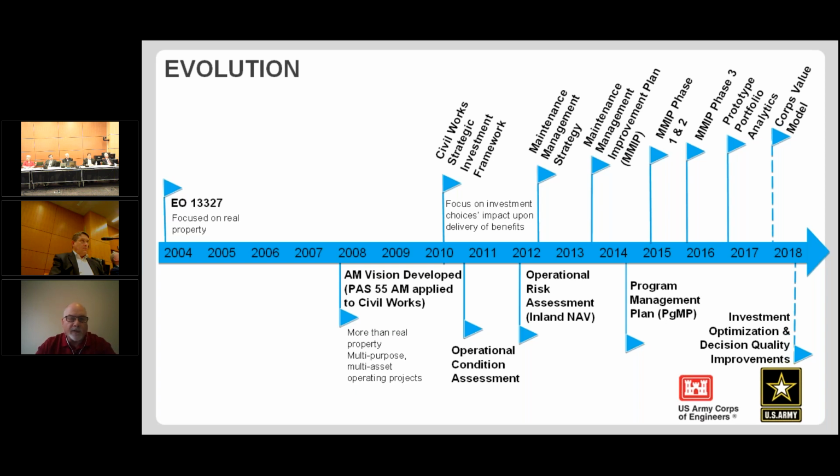This chart was sparked by Executive Order 13327, the Federal Real Property and Asset Management Executive Order of February 2004, which recognized asset management principles, and with PAS 55, AM was applied to Civil Works back in 2008.